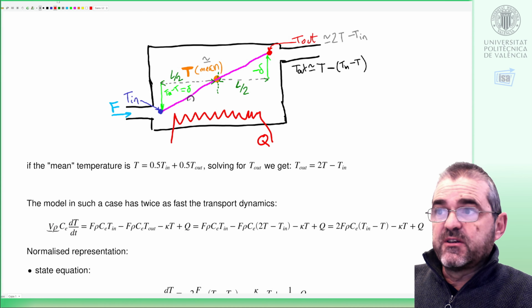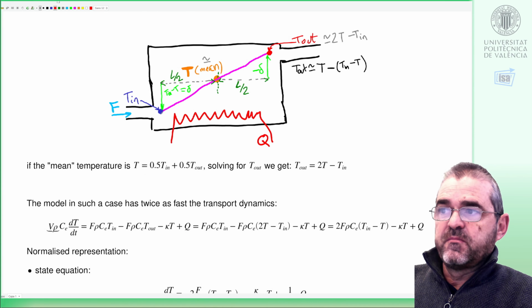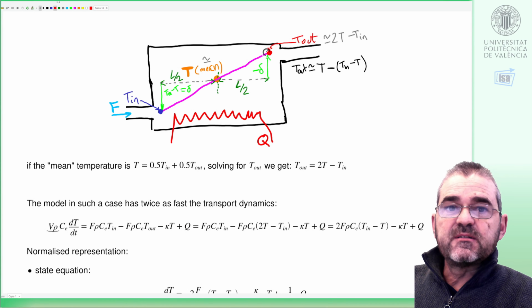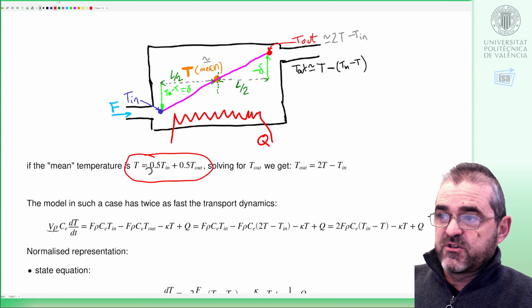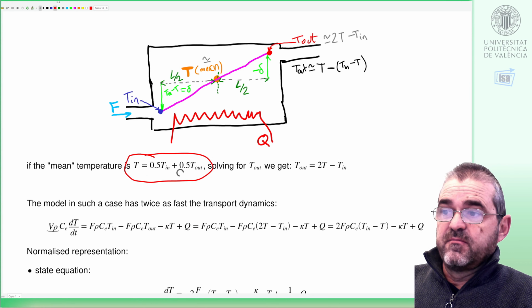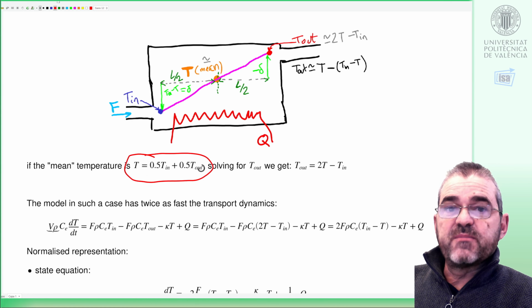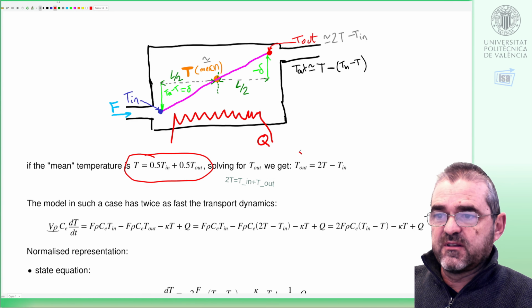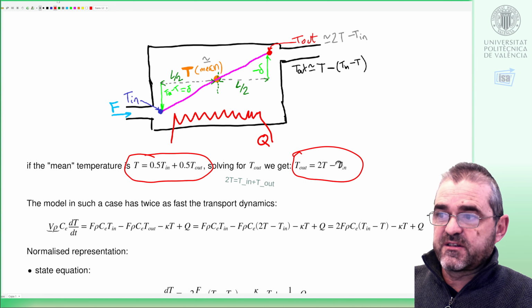If we assume a non-uniform temperature profile, but for instance a linear one, saying that by assumption we think that the mean temperature is the average between inlet and outlet temperature, if we solve for the outlet temperature, we get this expression.